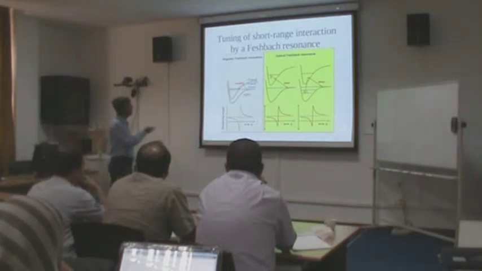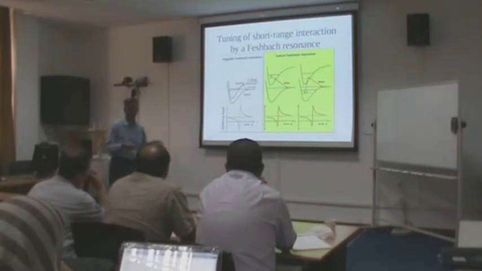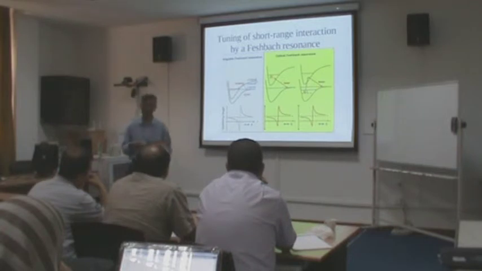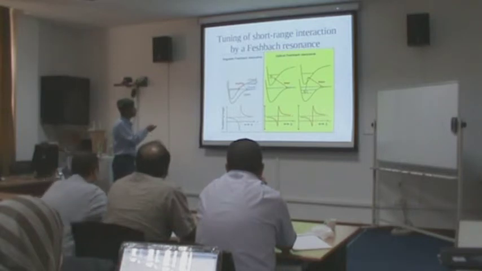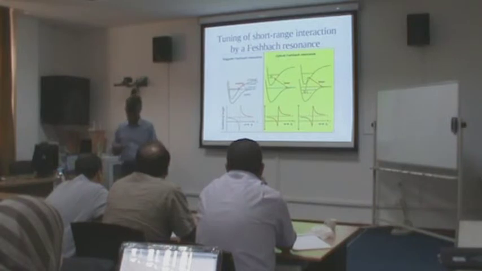And this can be done also by optical Feshbach resonance, where the coupling is done by a laser. There is no dynamical coupling, but there is another closed channel where there is a pole here, and the coupling is done by a Raman resonance between the two channels, and not by an external magnetic field.